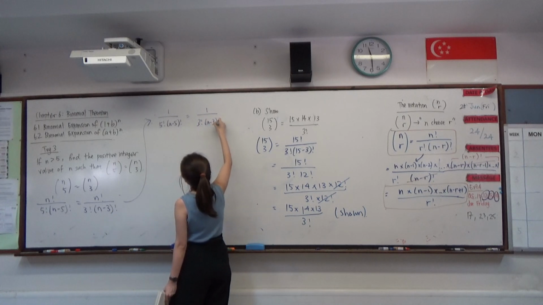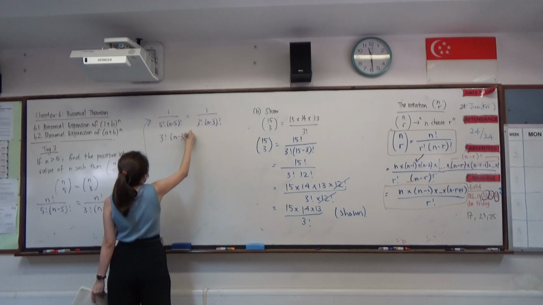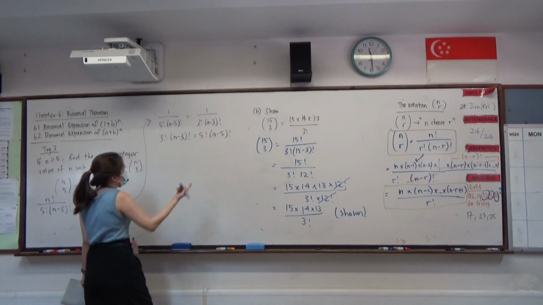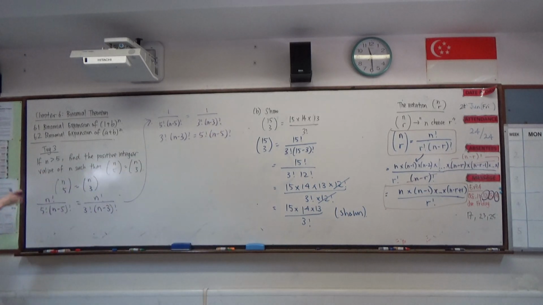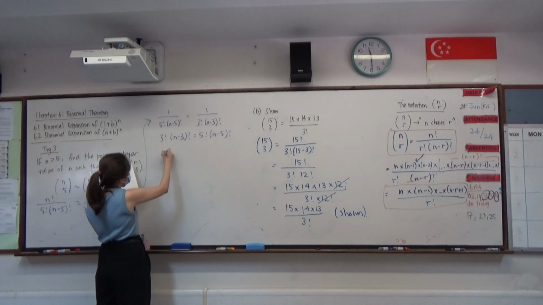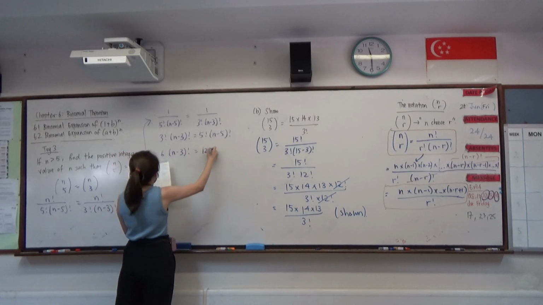Such that we get this, and then cross multiply, you get this. You can press into your calculator the value of 3 factorial, which gives you 6, and 5 factorial will give you 120.